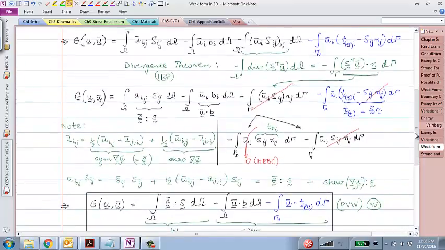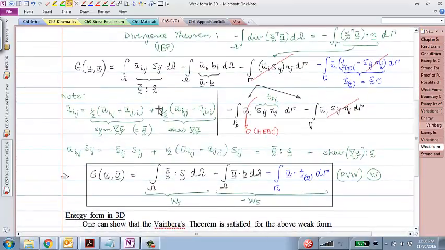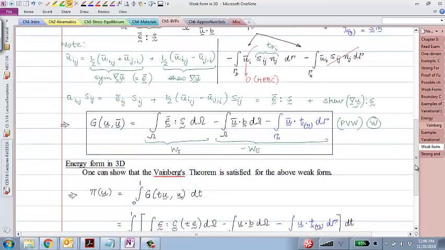So ultimately, we are able to express all of that in this particular form, which is the PVW form of the weak form.